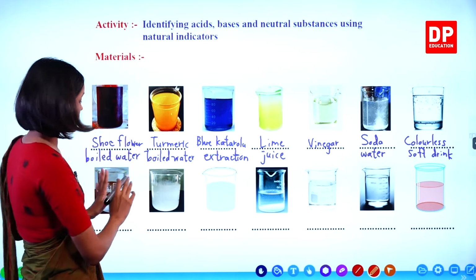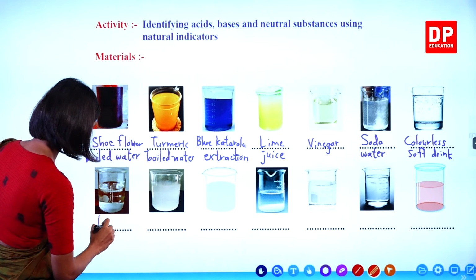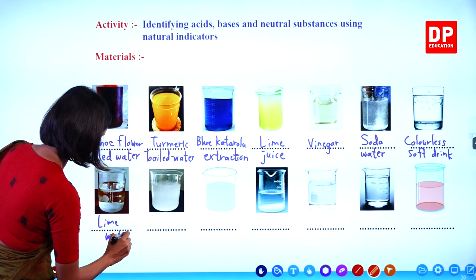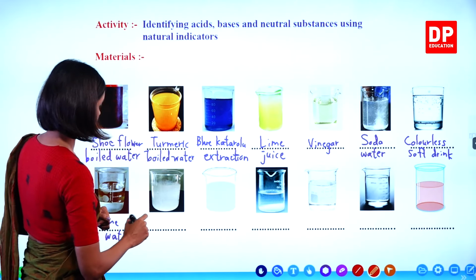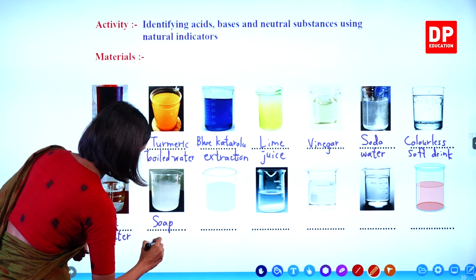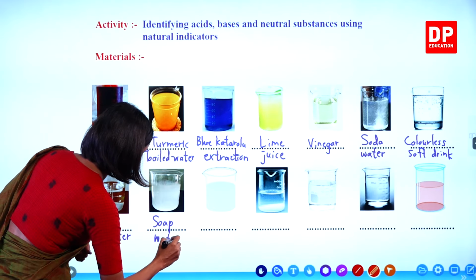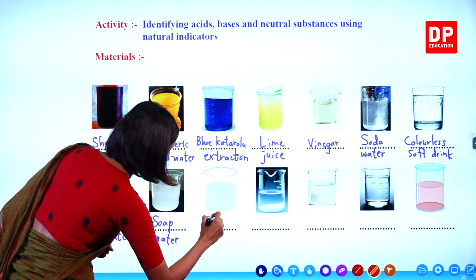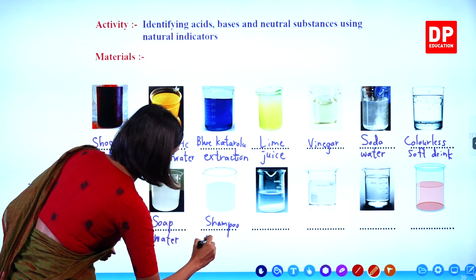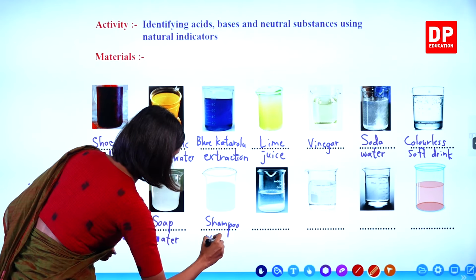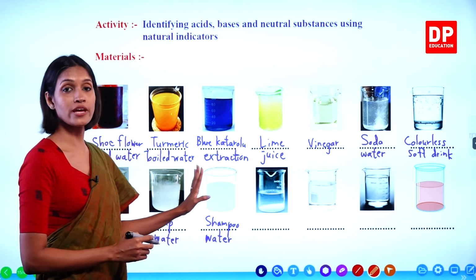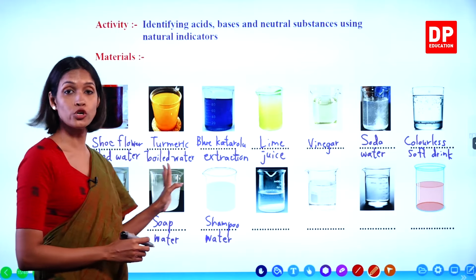And then we need lime water. It's a base. And then we need soap water, shampoo water. Lime water, soap water and shampoo water are the bases we are going to use.